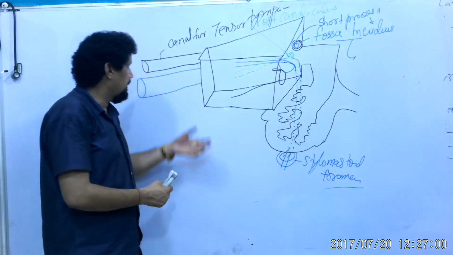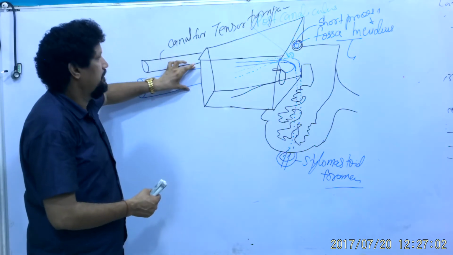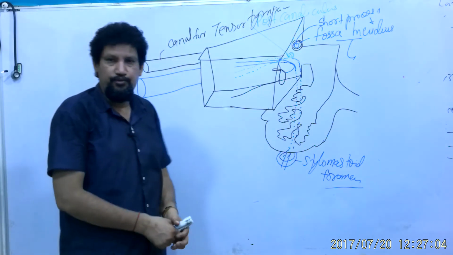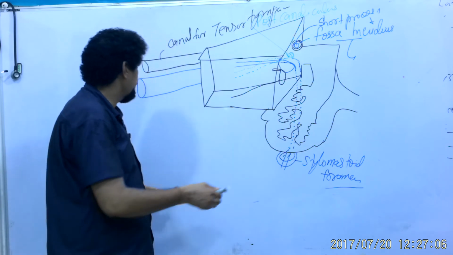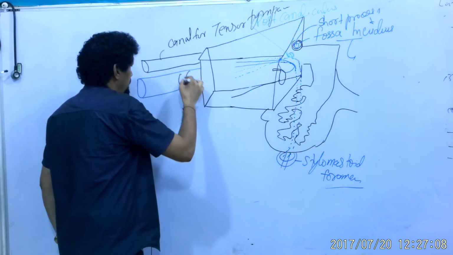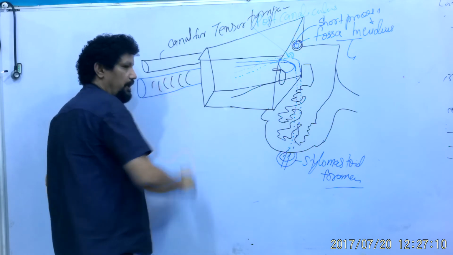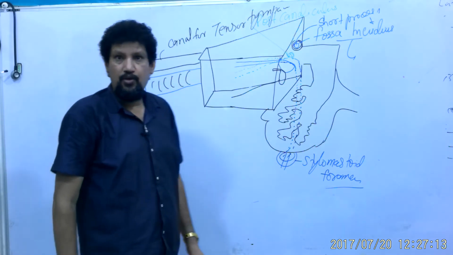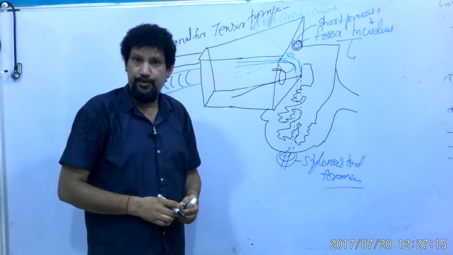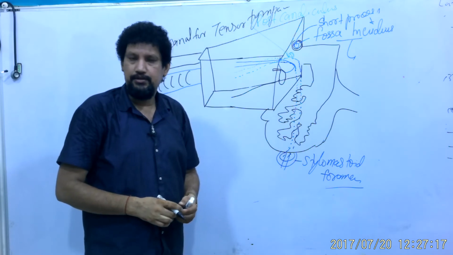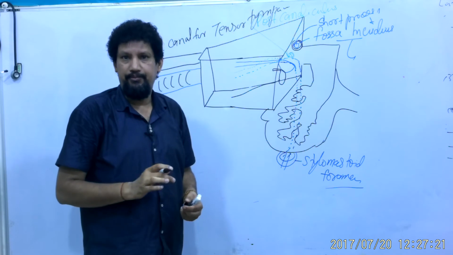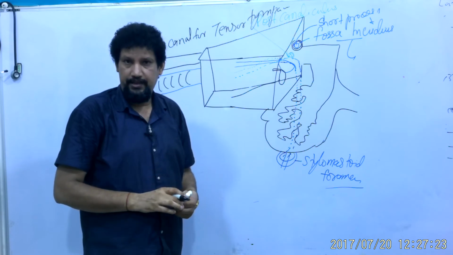Below this canal, we can see one more tubular structure. This tubular structure is known as the pharyngotympanic tube because it connects the nasopharynx to the tympanum or middle ear cavity.